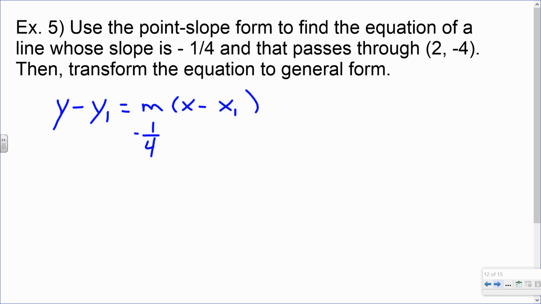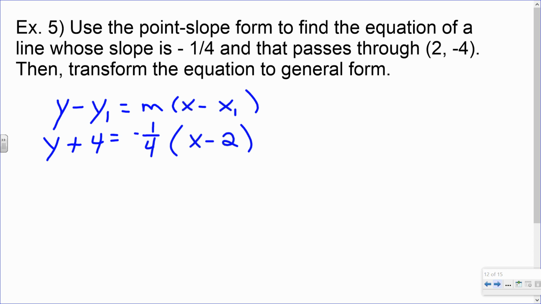The point that we know has x equal to 2, so this becomes x minus 2. And this will be y minus -4, so y plus 4. Everybody good with that?